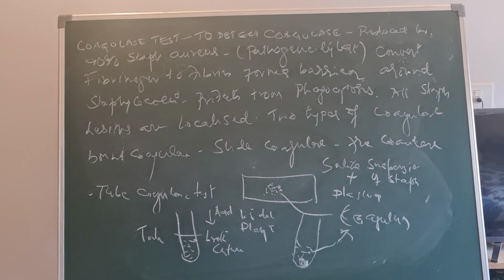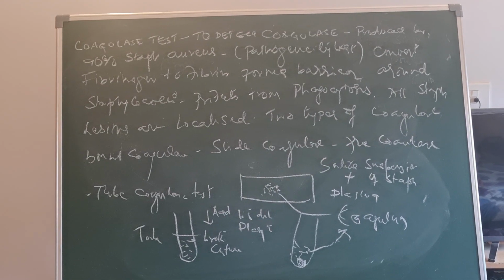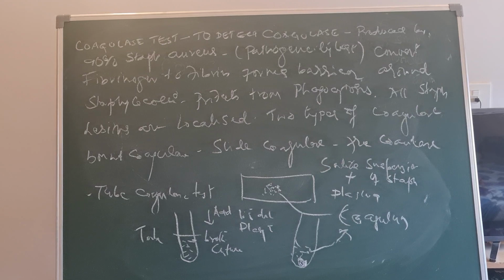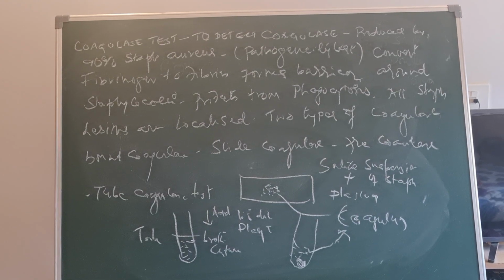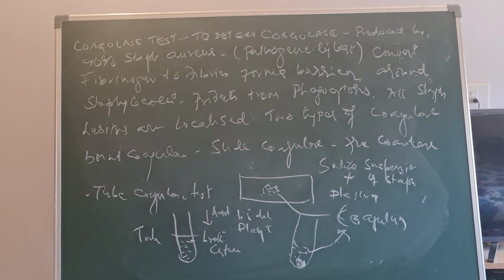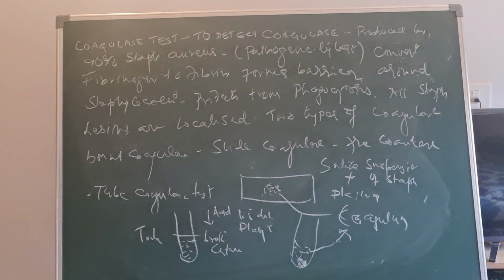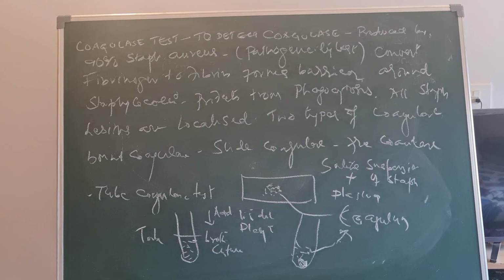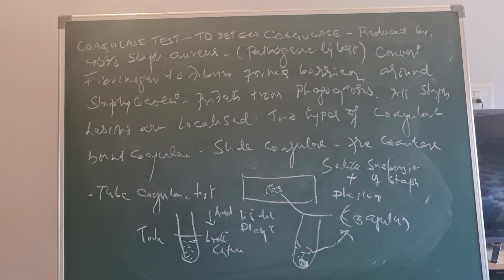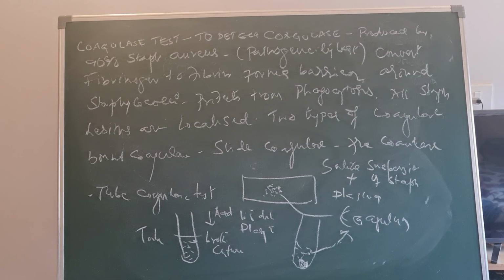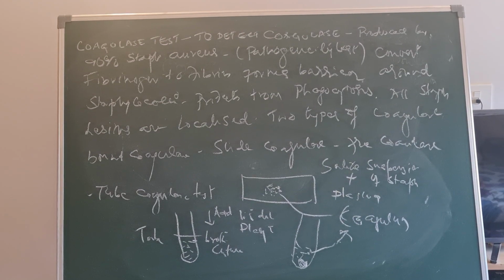I'll repeat once again. Coagulase is an enzyme produced by Staphylococcus aureus, which converts fibrinogen into a fibrin barrier, forming a protective layer against phagocytosis. There are two types of coagulase. One is bound coagulase, which is tested by the slide coagulase test, whereas free coagulase is tested by the tube coagulase test.